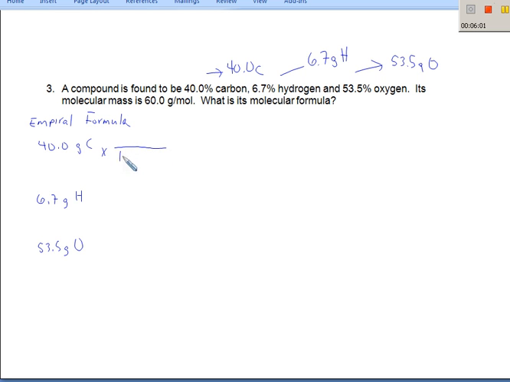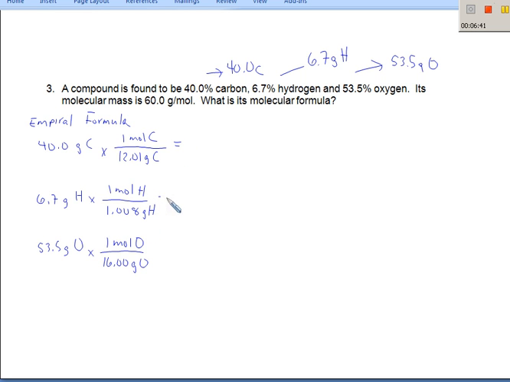So we look on the periodic table, and we have 12.01 grams of carbon for every 1 mole of carbon. We have 1.008 grams of hydrogen for every 1 mole of hydrogen. And we have 16.00 grams of oxygen for every 1 mole of oxygen.